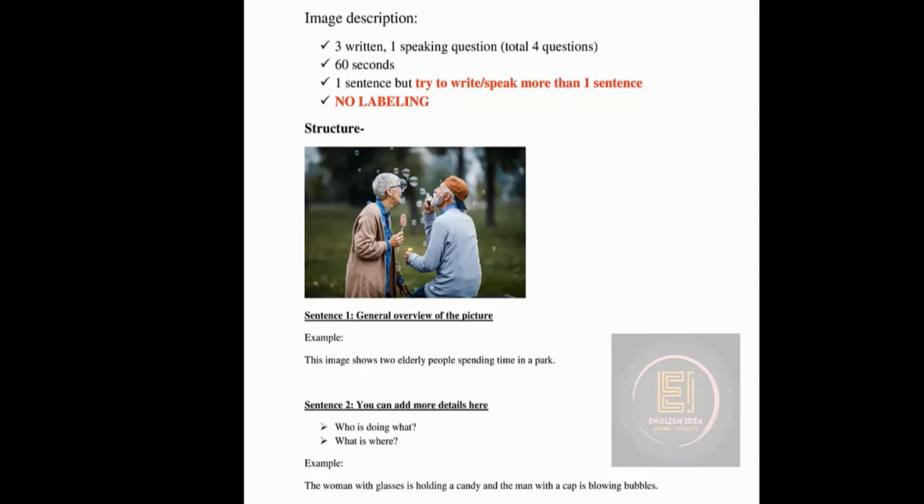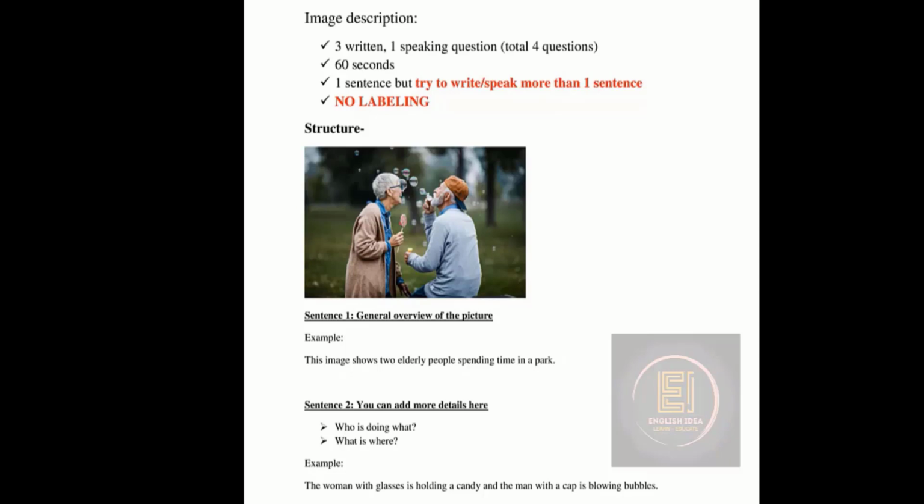In a Duolingo English exam, image description is where you describe an image. And it is one of the most common as well as important question types as it comes in two forms, speaking and writing. You will get a total of 4 pictures to describe.